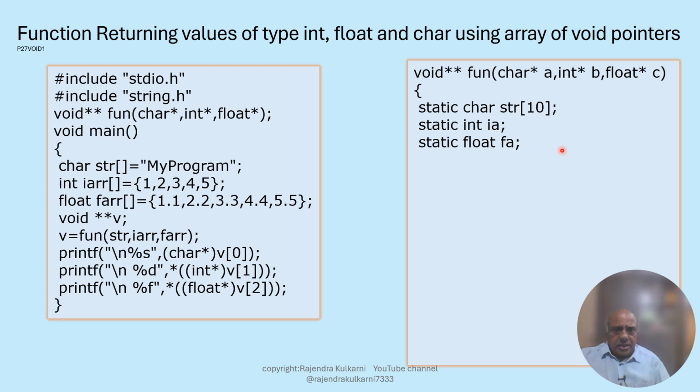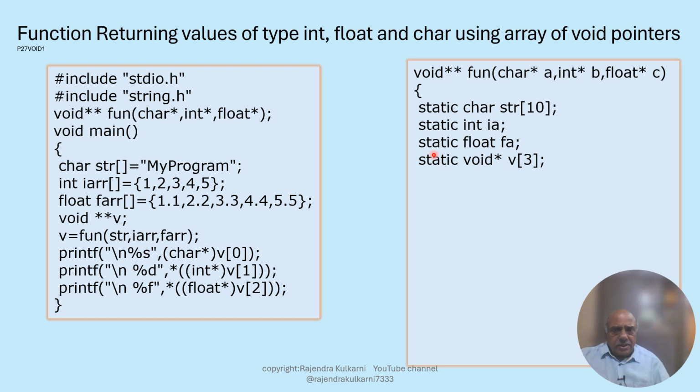Then we declare 4 static variables. One is an array of char named str, which is static char str with dimension 10. Then a variable ia, which is declared as static int ia.